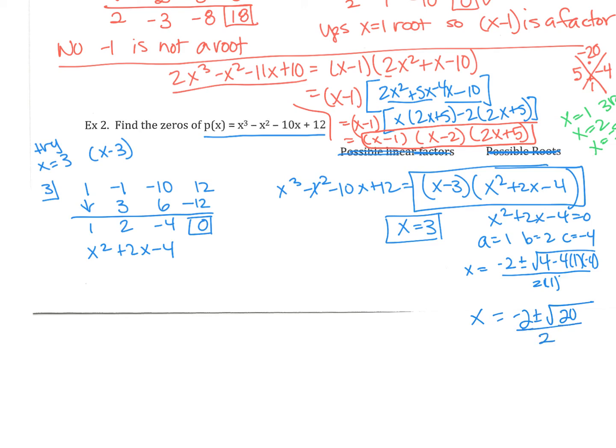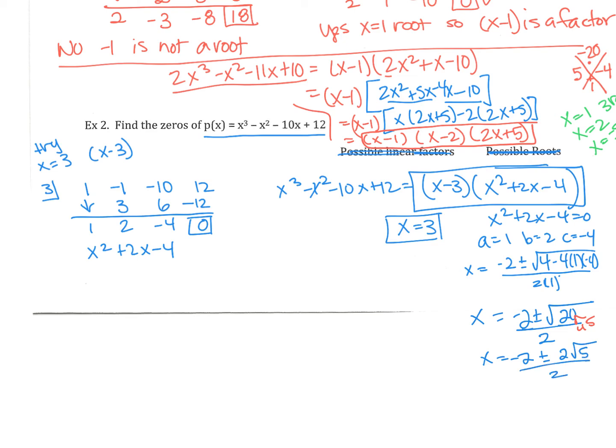Simplifying the square root of 20, it is helpful to think of it as 4 times 5. The square root of 4 is 2, and it would come outside my square root, and the 5 would stay underneath. So I could write this as x equals negative 2 plus or minus 2 on the outside with the square root of 5 left underneath.